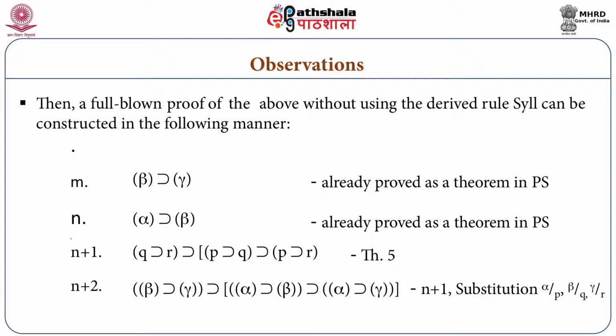And the dots indicate that there can be a series of derivation, and at step n we have alpha implies beta. That means this has been derived from the steps above.